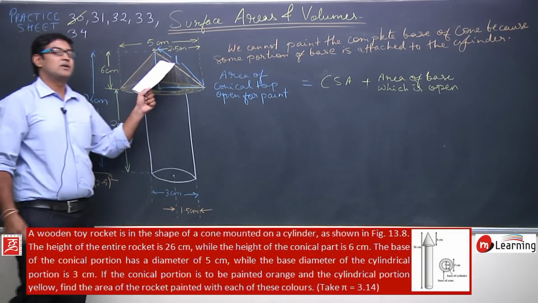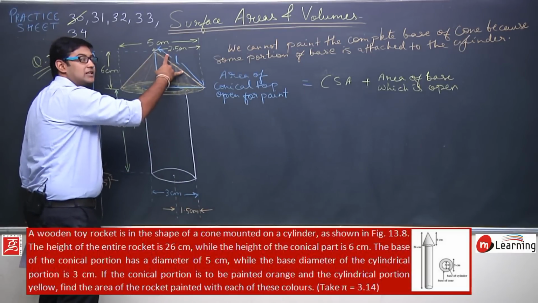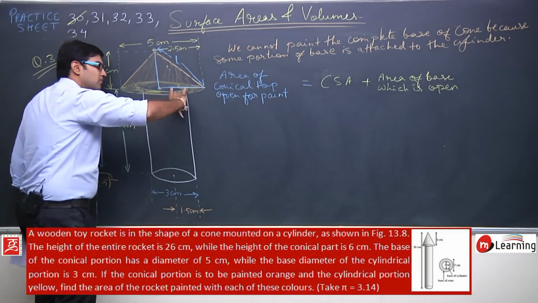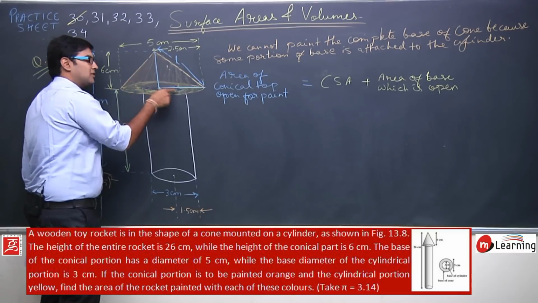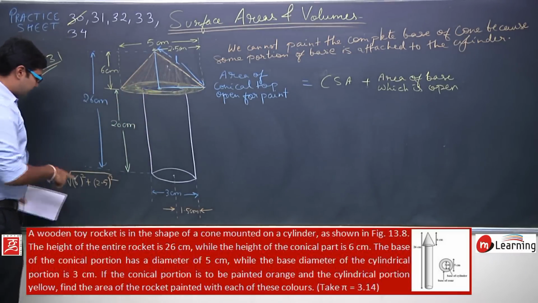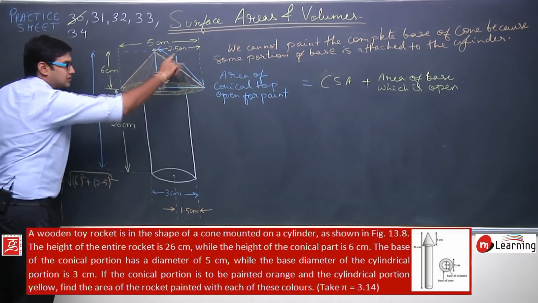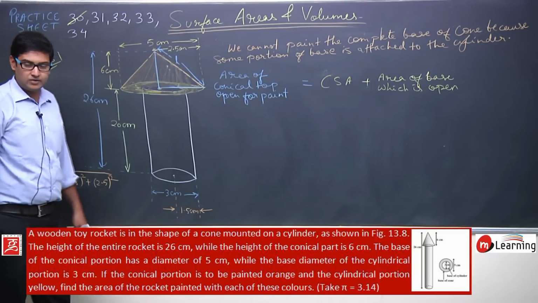You can see this is a right angle triangle, so I can apply Pythagoras theorem. This is the hypotenuse, this is the perpendicular, and this is the base or the radius. So L square will be equal to the square of the perpendicular plus the square of the base. That's why it is the square of the perpendicular which is 6 centimeter and the square of the base which is 2.5. So this is the slant height.